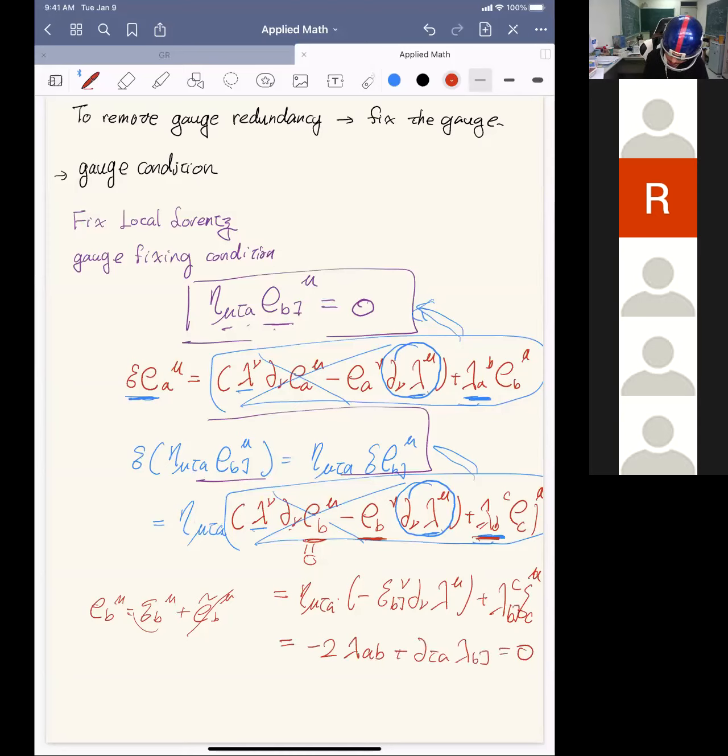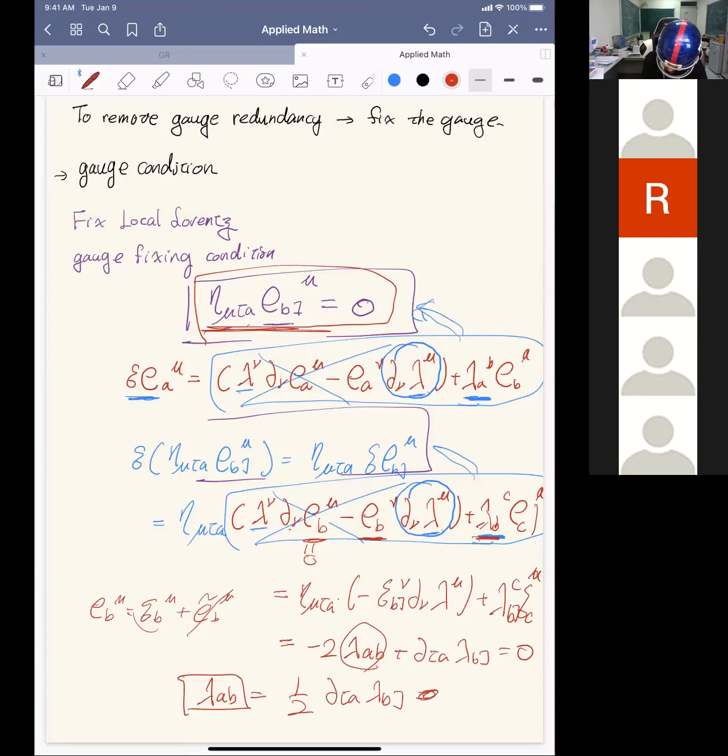Okay, so that means that to fix this gauge, now you see that lambda_{AB}, the local Lorentz transformation, is now completely fixed. It's completely fixed in terms of the coordinate transformation.